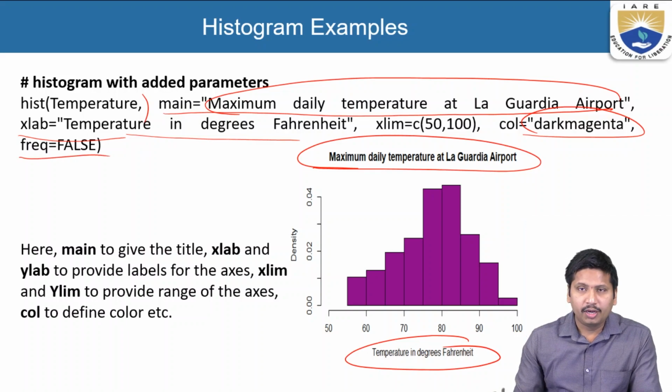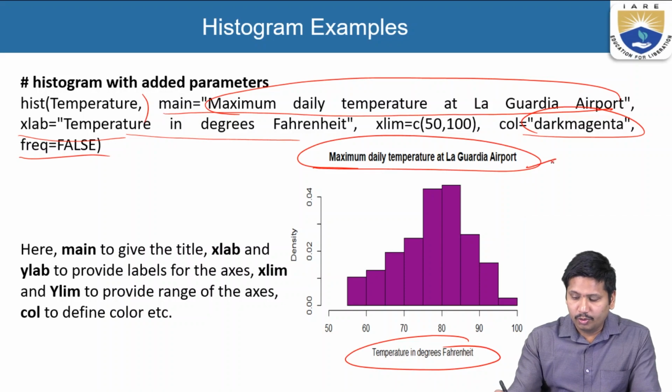So here main is used to specify the title, xlab and ylab provide the labels for the axes, xlim and ylim provide the range of the axes, and col defines the color. These are some of the additional parameters that can be used for this histogram.